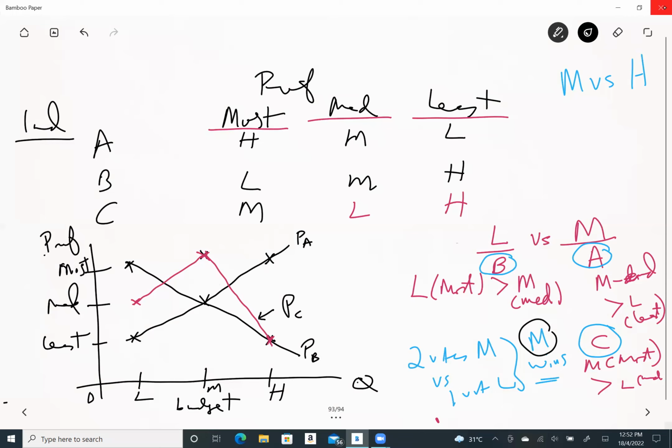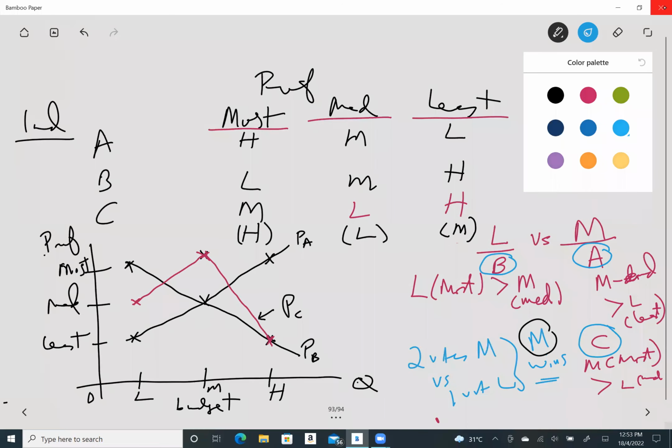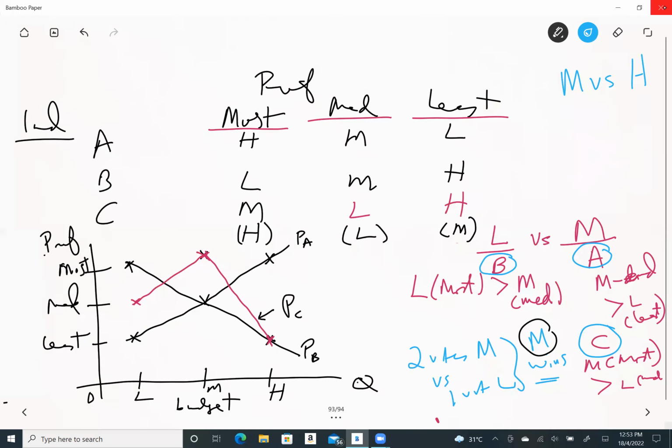Tengok apa jadi. Okay, so what you do, you do the election, okay, pairwise election, by having this new situation.